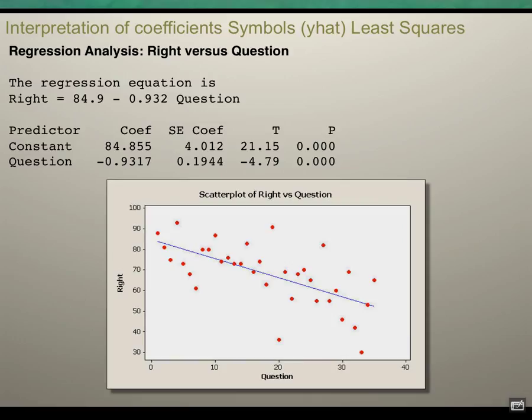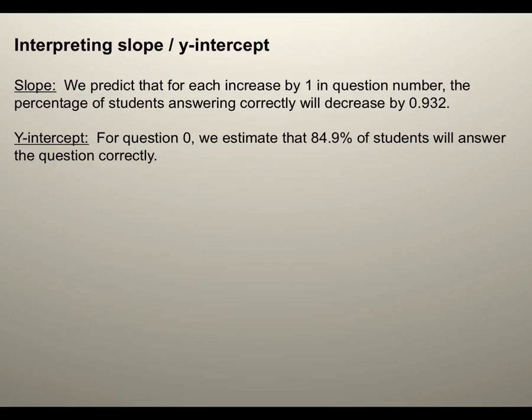Okay. We also have to remember how to interpret slope and y-intercept. Before you write these down, do we realize that when you find a least squares regression line, it's based off of a sample?